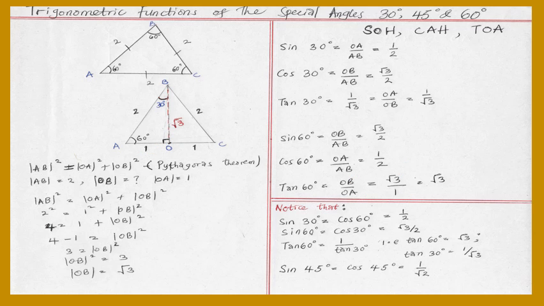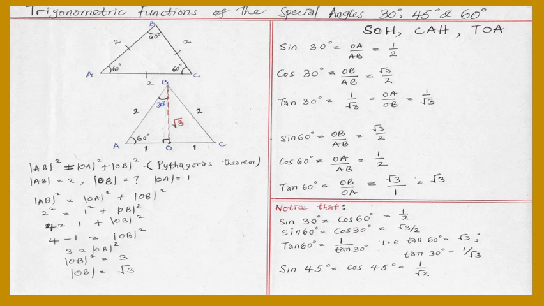So if you notice, you see that sine 30 degrees equals cos 60 degrees. They're both half. And you also notice that sine 60 equals cos 30. Sine 60 degrees equals cos 30 degrees. So they're both root 3 over 2.